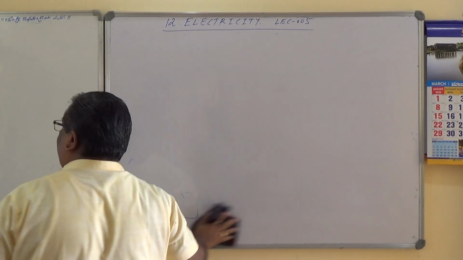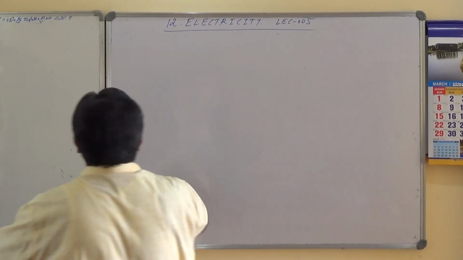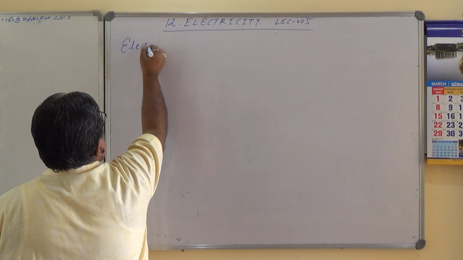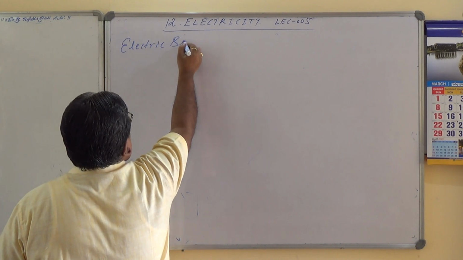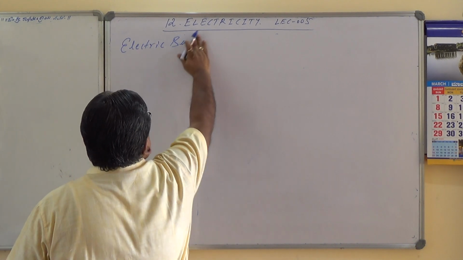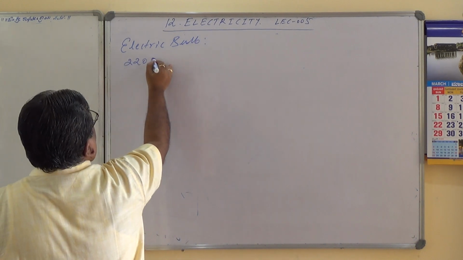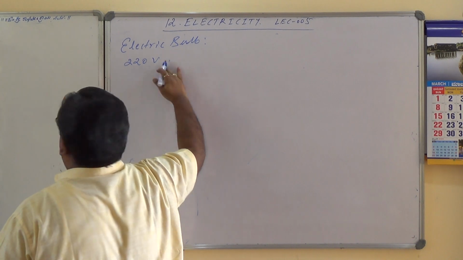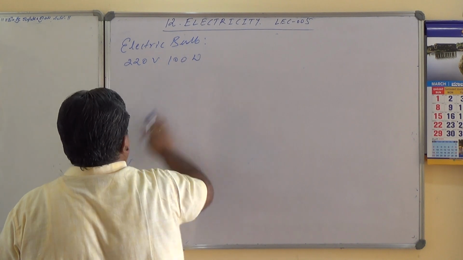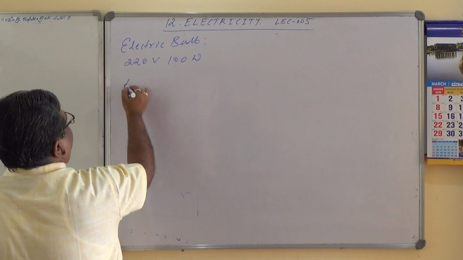What is the question asked? An electric bulb is rated 220 volts and 100 watts. Let us calculate the resistance.